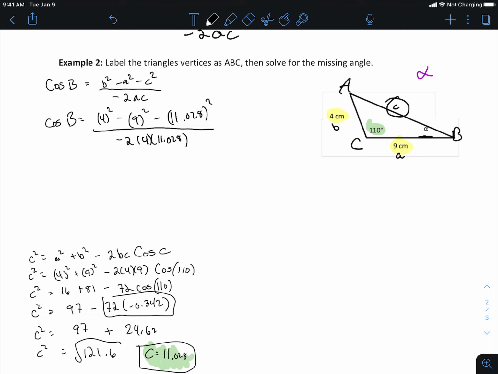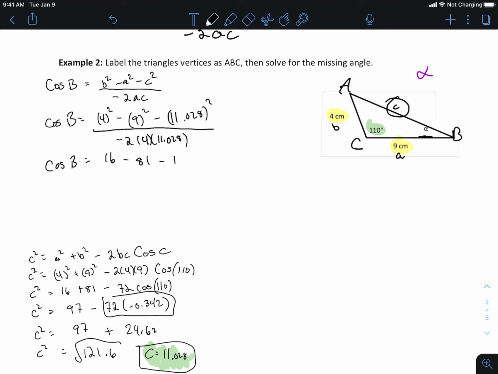Okay. We're just going to try and get a number. So we're going to get 16 minus 81 minus, it's 11. Oh, what did we say that was?